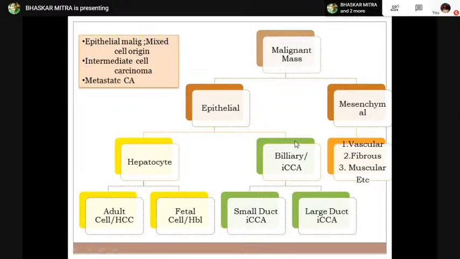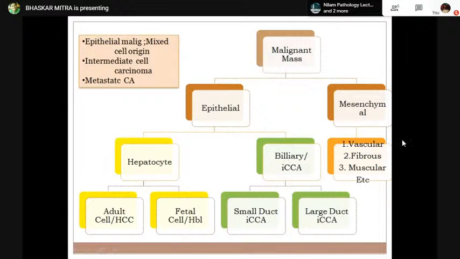And then the confusing parts, the two mixture ones: epithelial malignancy with mixed cell origin, with both hepatocytic and biliary components simultaneously present in the same tumor mass, and another is the intermediate one showing both types of differentiation in the same tumor cells. These two are intermediate between the two groups.